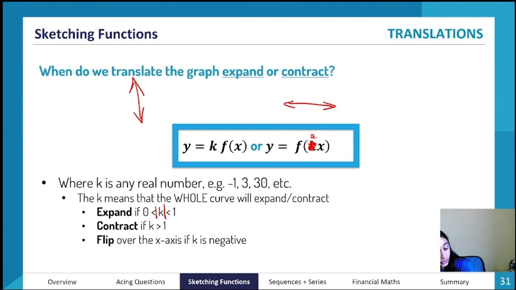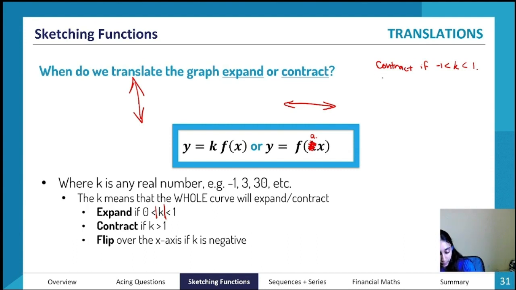It will contract if a is between -1 and 1, because for any of those numbers the absolute value will be less than 1.